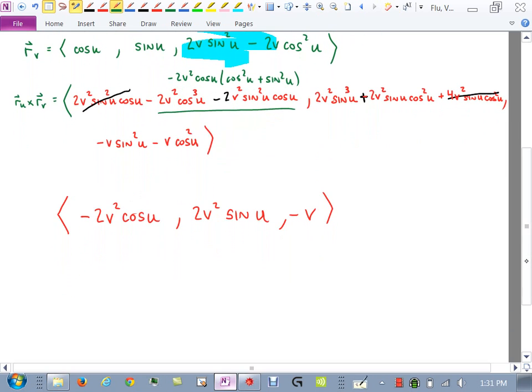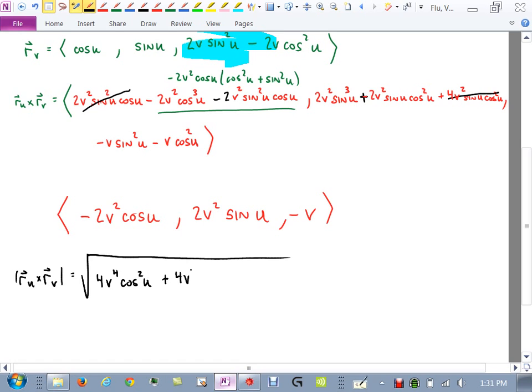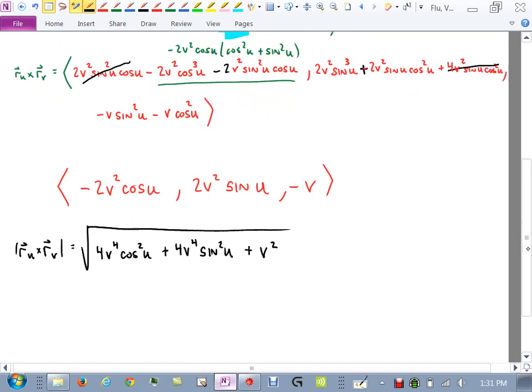What is the magnitude of this? So what's the magnitude of r_u cross r_v? Well, that's the square root of the sum of the components squared. So 4v to the fourth cosine squared u plus 4v to the fourth sine squared u plus v squared.